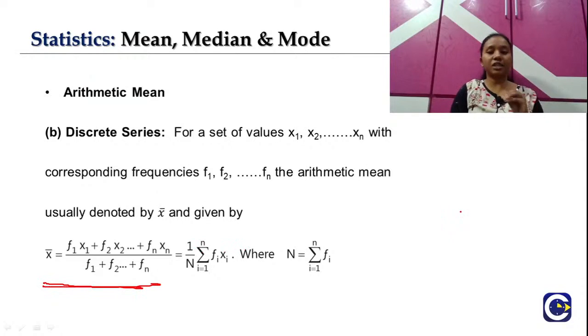So again the arithmetic mean will be as usually denoted by x bar, and as here we are having the frequency, the formula in order to find the arithmetic mean here is nothing but x1 into f1. So you have to identify, it will be the set of value into the corresponding frequency. It's not with any frequency, it will be only with their corresponding frequency.